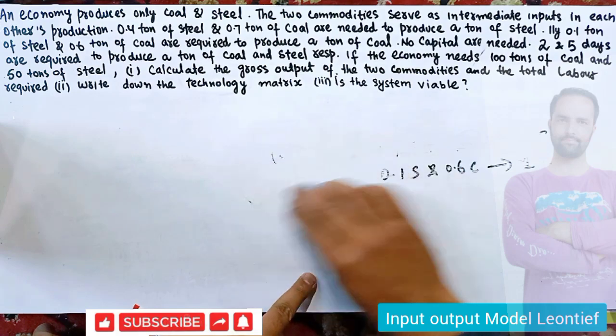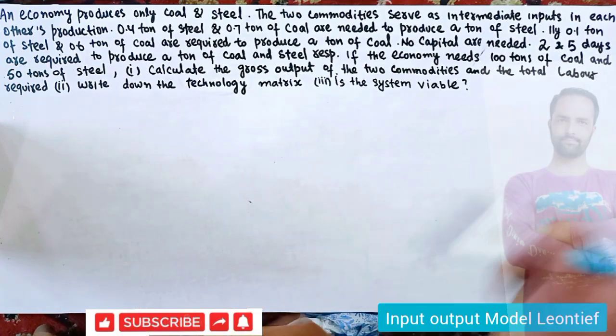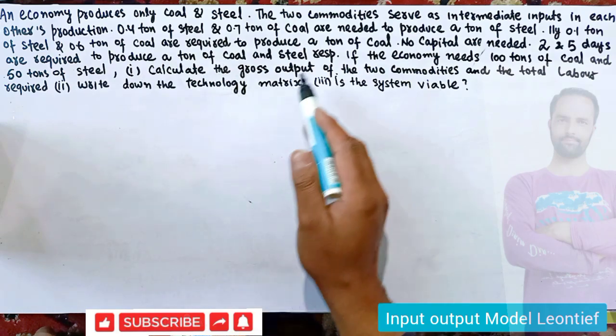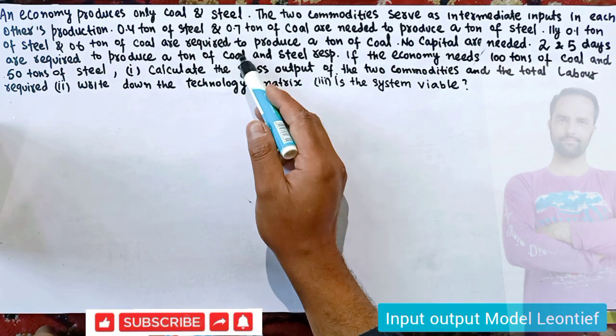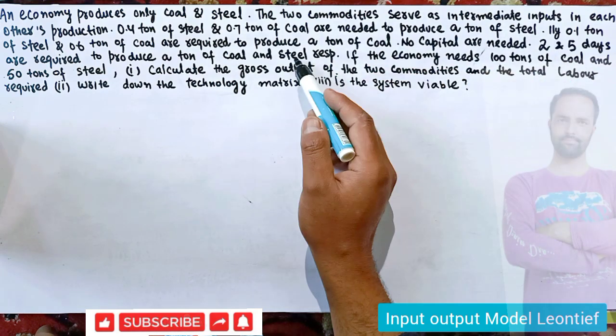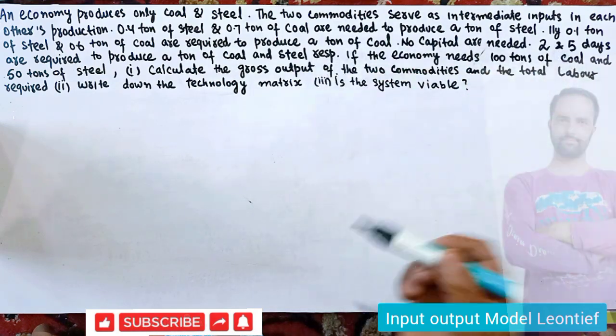Also we are being told that 2 and 5 days are required to produce a ton of coal and steel respectively. That means to produce a ton of coal we need 2 labor days, and to produce 1 ton of steel we need 5 labor days.